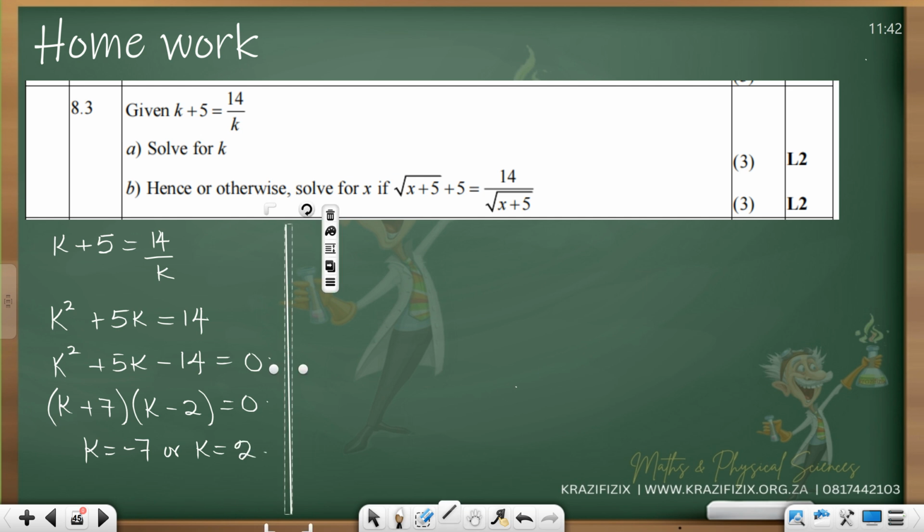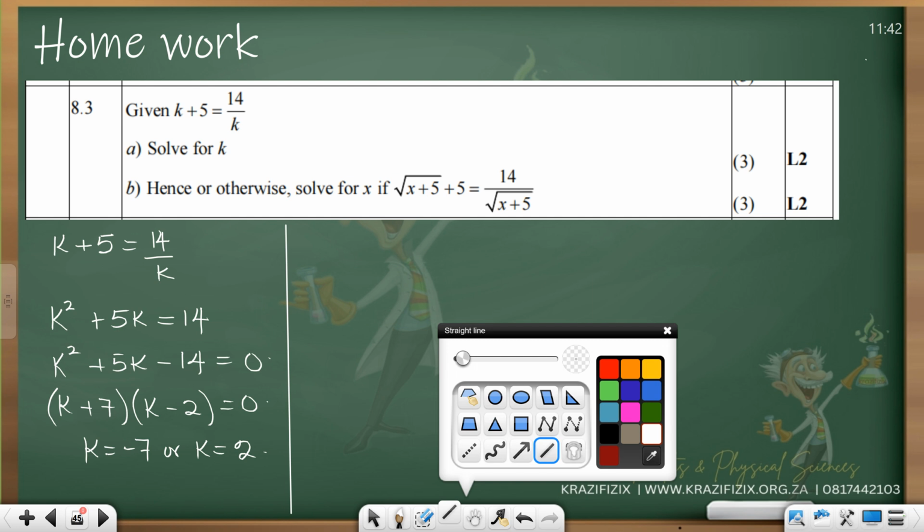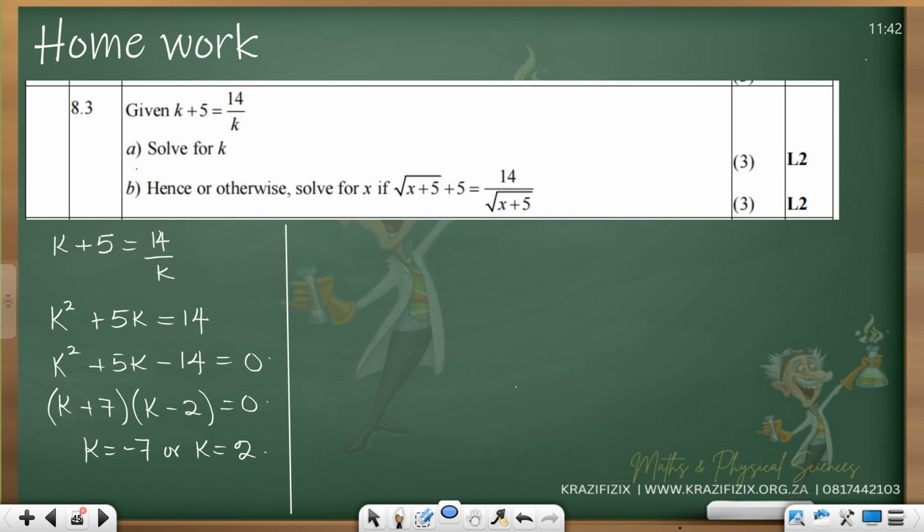That's just chips. So please notice what I did. You can either multiply or you can even say cross multiply, whichever one. Hence or otherwise. Hence means don't start from the beginning. And if you look at this, my good learners, I want you to look at this. This examiner, very lovely examiner.